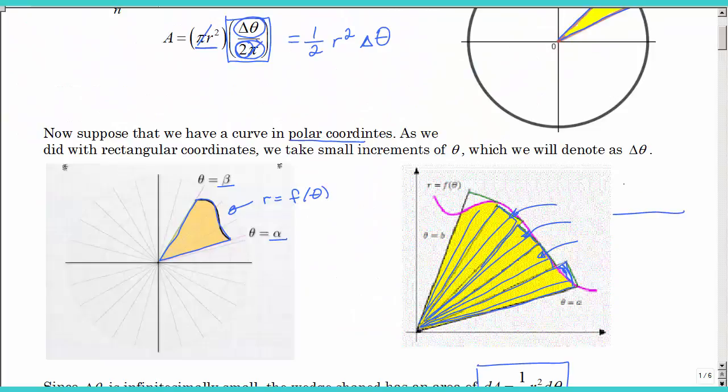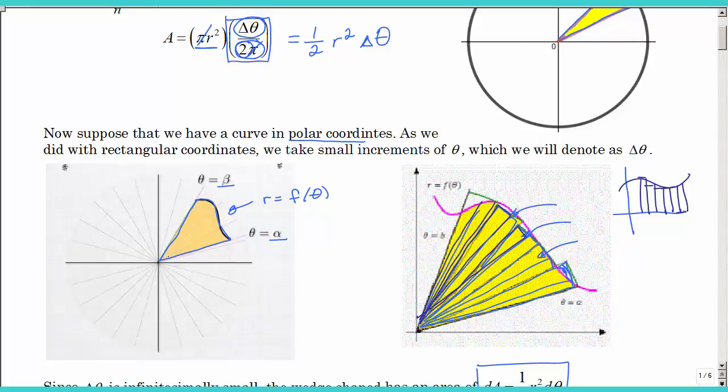So just like we had a function in rectangular mode, and we had many different rectangles, and some were above, some were below, and we took those Riemann sums and added it all up together using the area of a rectangle. We do the same thing by adding up all these sectors based on a circle.